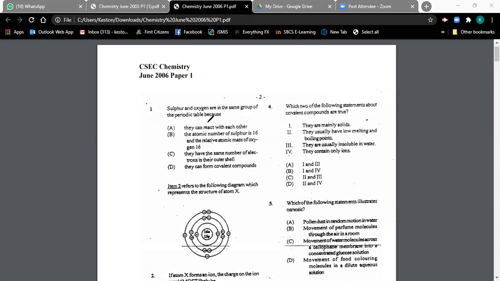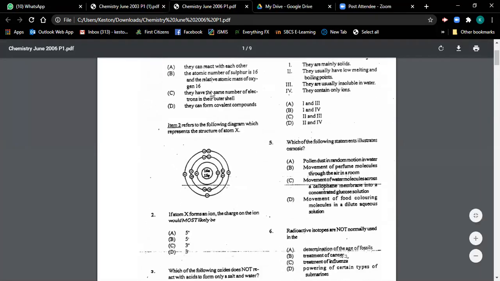Right, osmosis usually involves the movement of the water molecules through a semi-permeable membrane. So any answer along those lines would be correct, right?